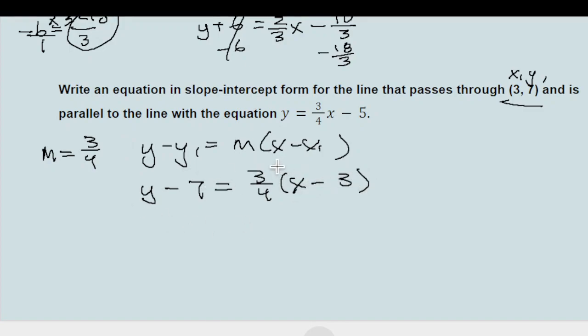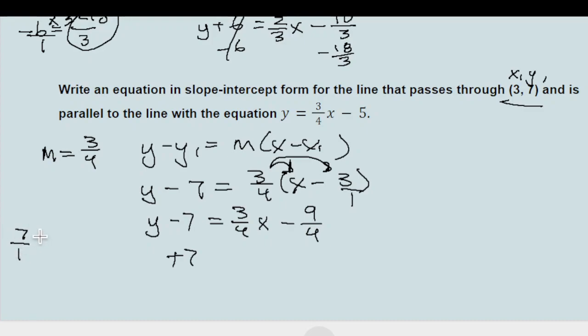Now, no double negatives, so let's just start by multiplying and doing the distributive property. You get y minus 7 equals 3/4 x minus 9/4, because 3 times 3 is 9 and 4 times 1 is 4. Next, we are going to add 7. But instead of writing 7, I want to figure out what 7 is in fourths.